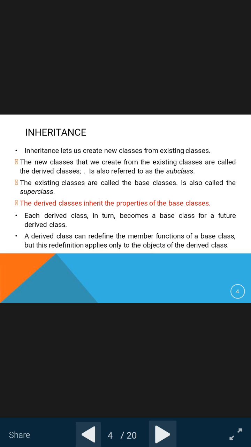But coming to the derived class, what is it? The class which takes the properties from a base class is called a derived class. That means the derived class can have the properties of the base class as well as its own. Each derived class in turn becomes a base class for future derived classes.